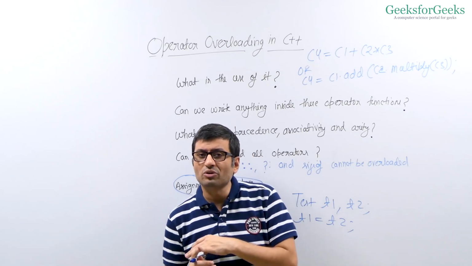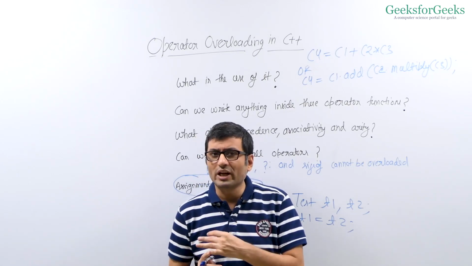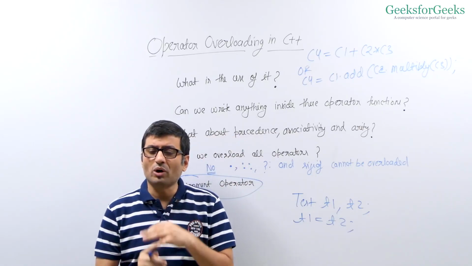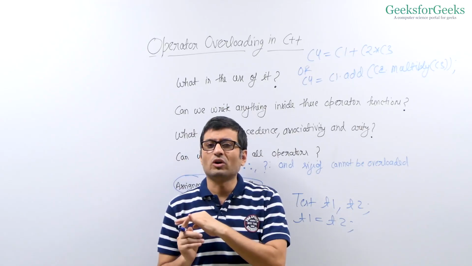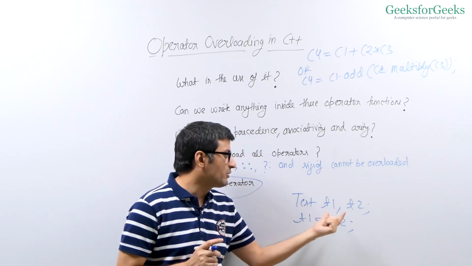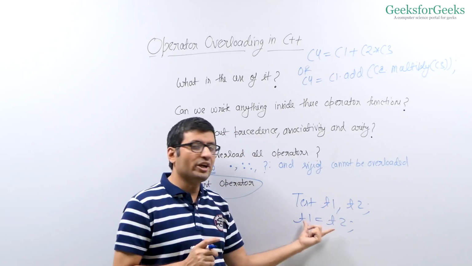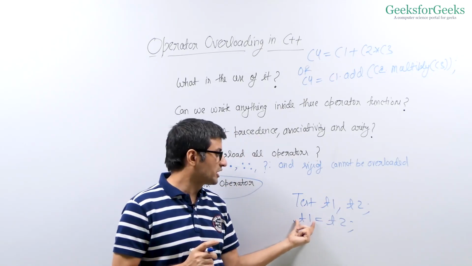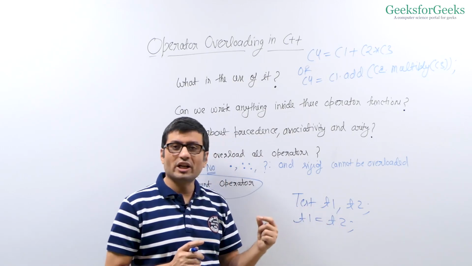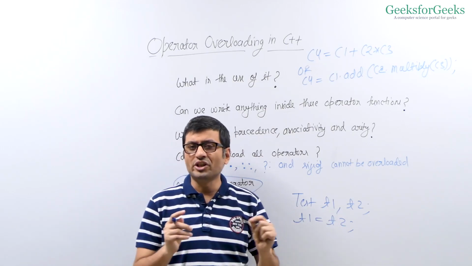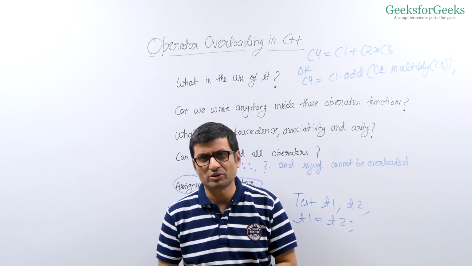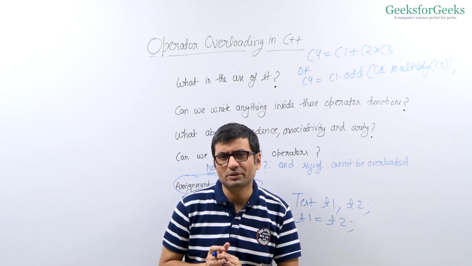If you do not write your own assignment operator, then shallow copy will happen. And the same problem occurs: if you create objects T1 and T2 that have some dynamically allocated memory, and you assign using shallow copy, you say T1 equal to T2, what will happen? If you make any change in T2, the changes would reflect in T1 also, like the example we did in the copy constructor.